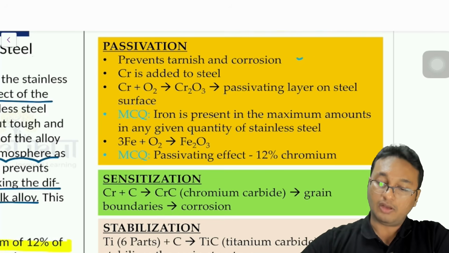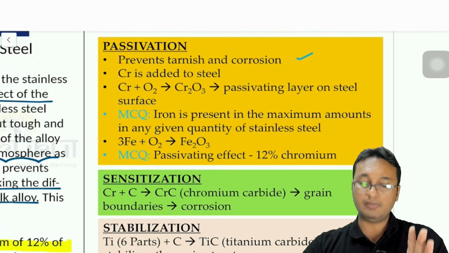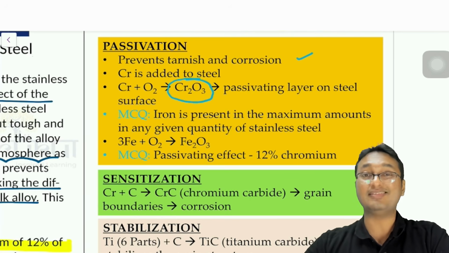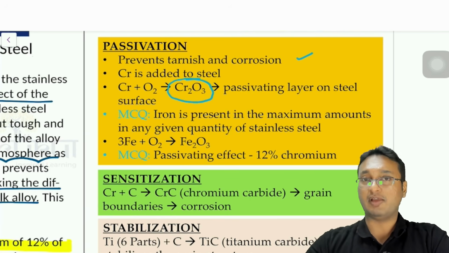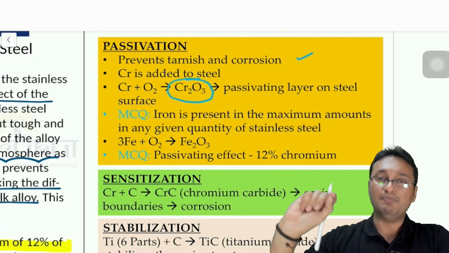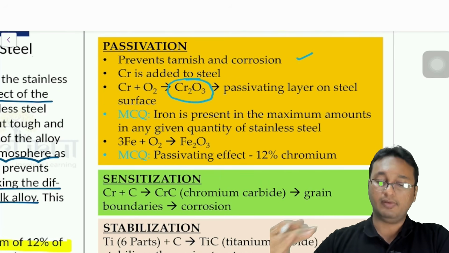Chromium is added to the steel. Why is it preferentially added? Because chromium plus oxygen forms a chromium oxide passivating layer on the steel surface. That layer is completely impervious to even more atmospheric oxygen, right?